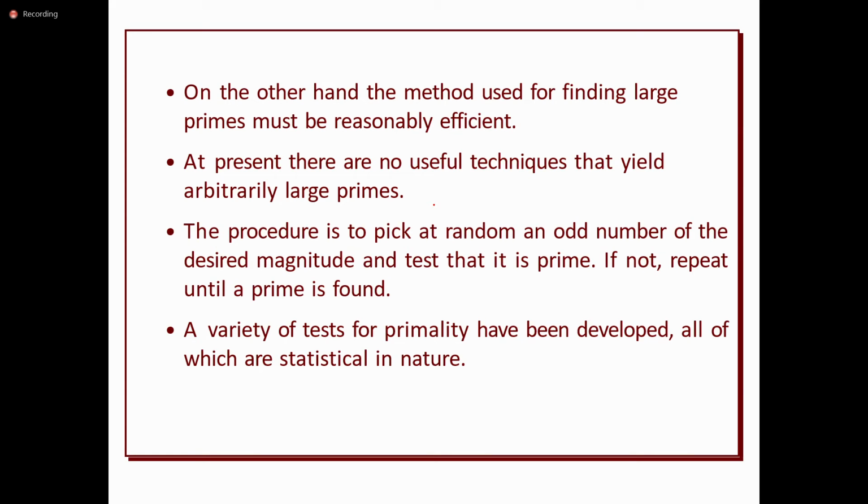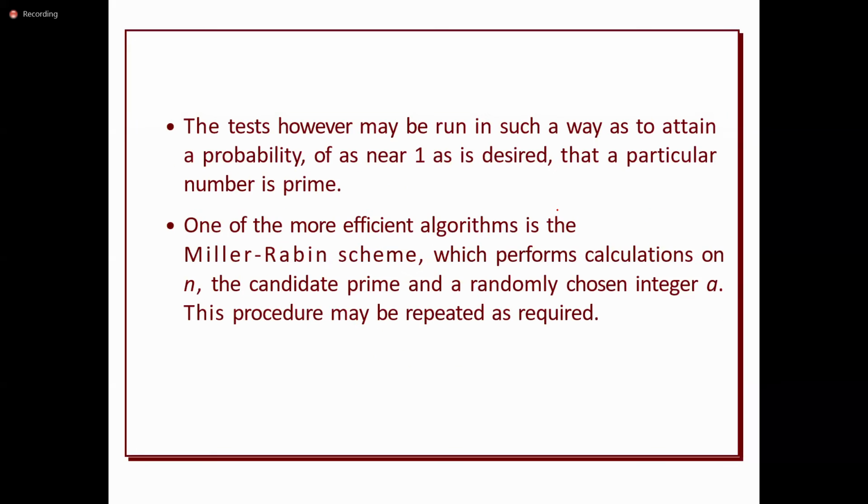There is no particular algorithm to choose a prime directly, and we can't say whether a given number is prime or not. So we have to apply primality test algorithms. Simply pick a random odd number, and after taking a random odd number, apply the primality test algorithms.